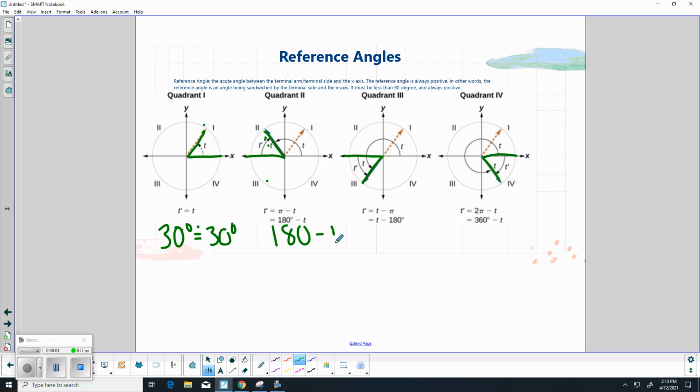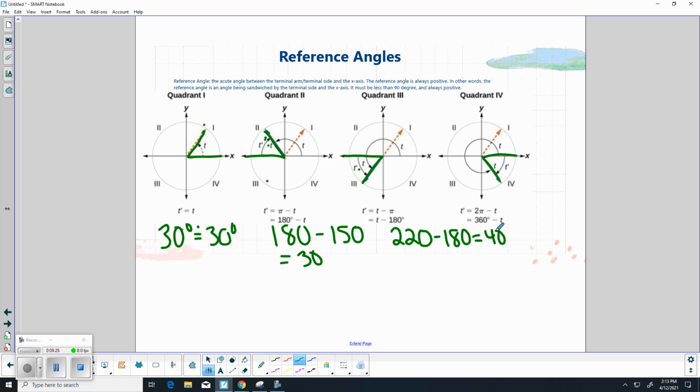So we take 180 minus 150, and we would get 30 as a reference angle. On this one, we're above 180, so we're down here, which means we would take an angle bigger than 180. So let's do 220 minus 180, and that would give us 40 as our answer.